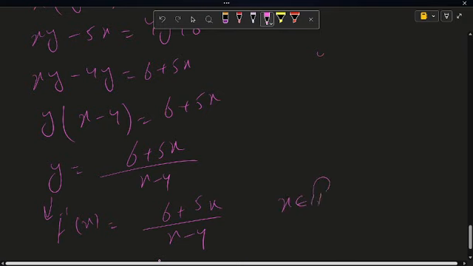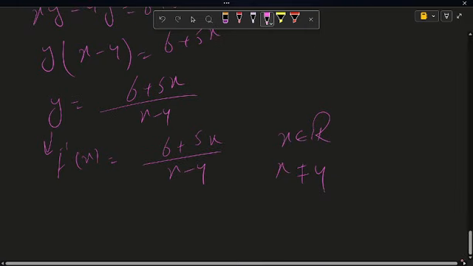All x belongs to real numbers, but x cannot be equal to 4. Why? Because if I put x equals 4 over here, my denominator value will become zero. As a result, that will create a problem for me. So that's why x cannot be equal to 4, but x belongs to real numbers.